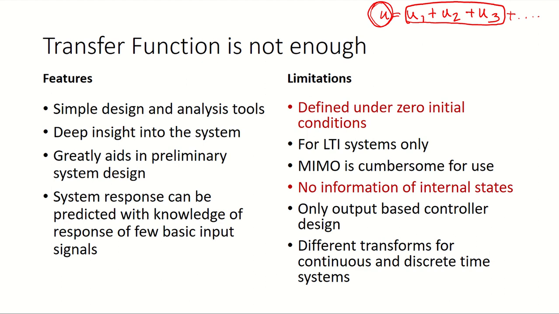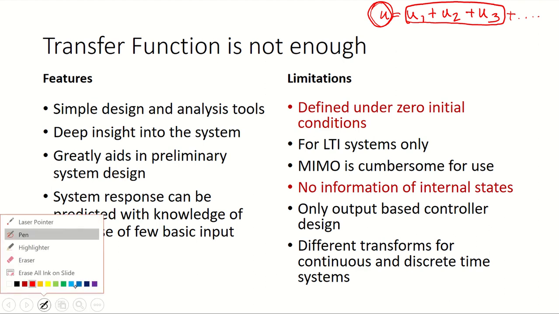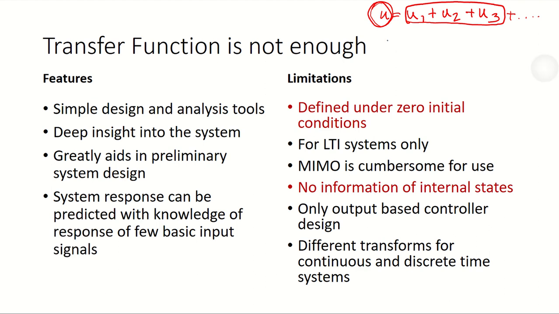So this is what I am trying to talk about. We know the response of the sinusoids, we know the response of a step input. So the output y would basically be the summation of the outputs.